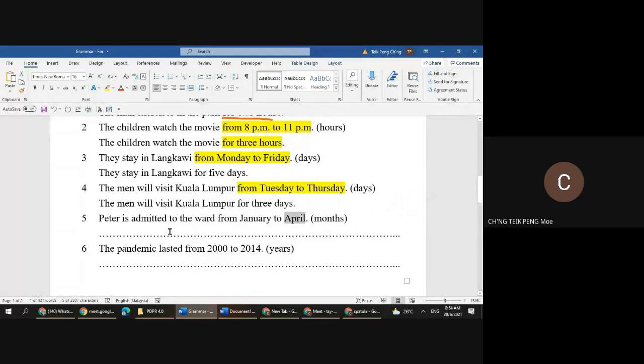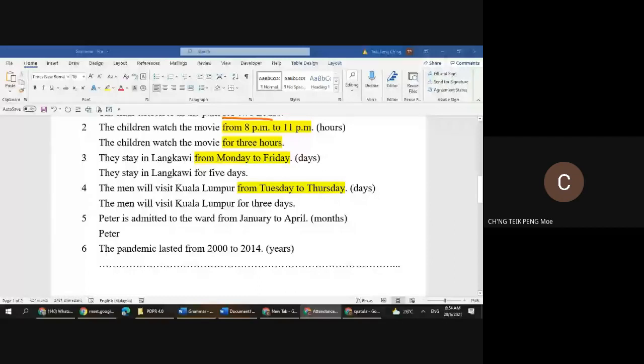Alright, so what is the answer for number 5, Peter? Anyone? The one with the ID of Puan Kausam, what is your name? Okay, never mind.